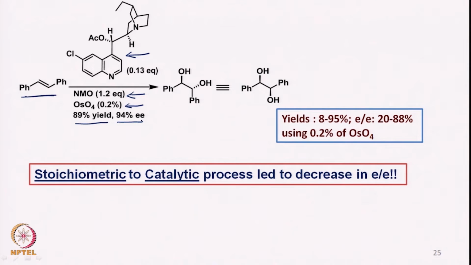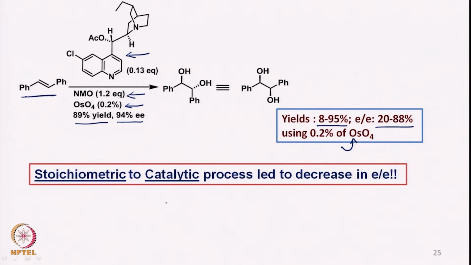So if we start looking at various ligands and various kinds of additives, we see that the yield is ranging from 8 to 95% and the enantiomeric purity is 20 to 88%, but the use of osmium tetroxide has decreased considerably, and therefore 0.2% of osmium tetroxide is needed for this particular kind of reaction.